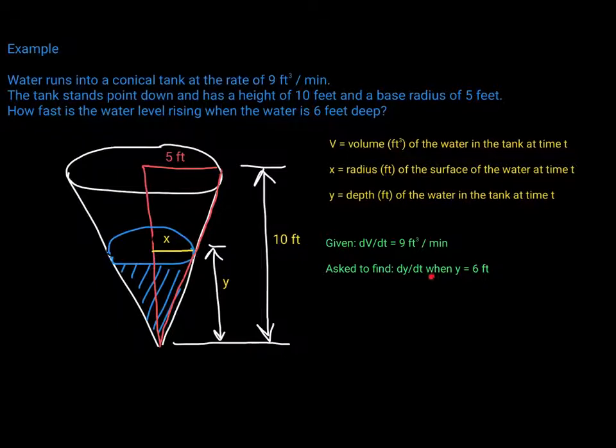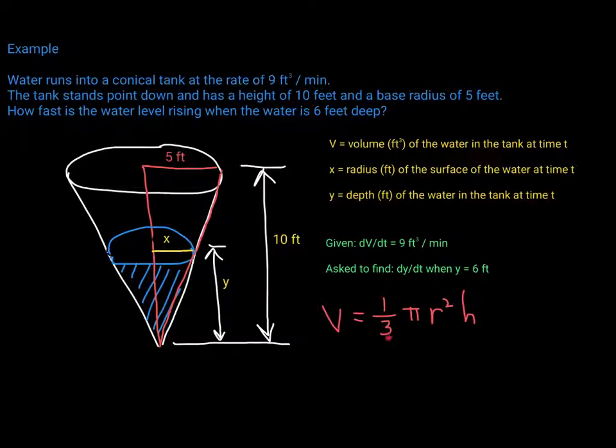That is, we're asked to find the rate at which the water level, the depth of the water in the tank, is changing. How fast is it rising when the water is 6 feet deep, when y is 6 feet? All right, very good. Now, what we need to do is state the formula for the volume of a cone.